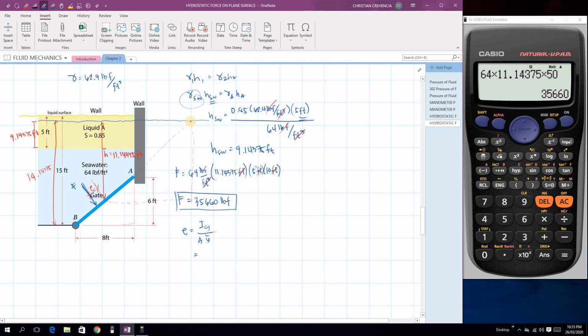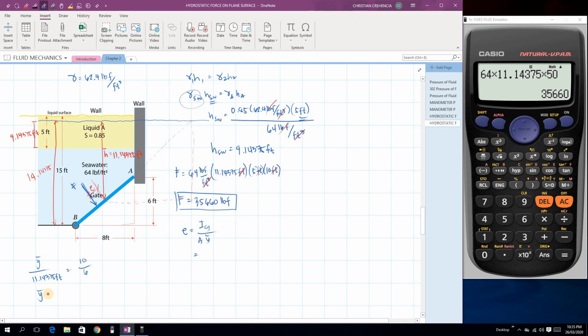Okay. So, from this point, pababa doon, let's say that is yung ating y bar, hypotenuse, over, let's say, itong height. Height natin na to is, again, yung 11.14375 feet. So, that should be equal to, yung hypotenuse natin dito is 10 over yung height. So, hypotenuse over height kasi, over 6.